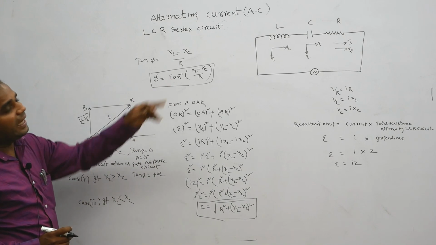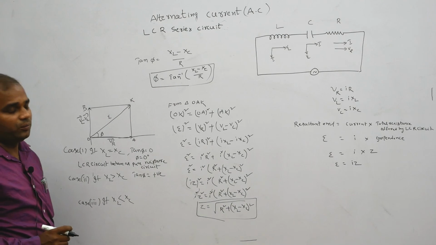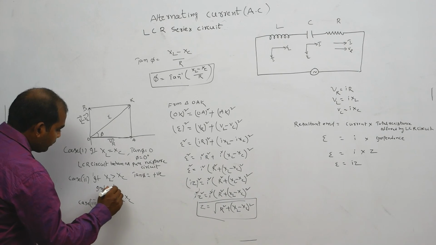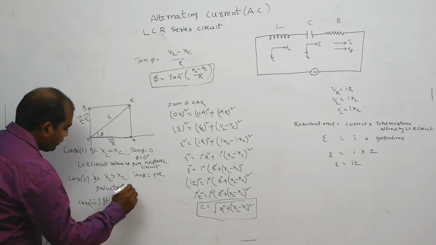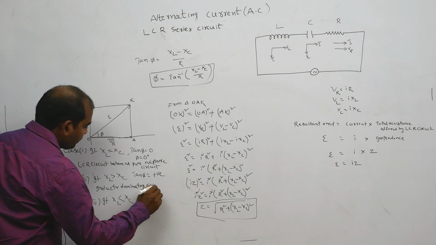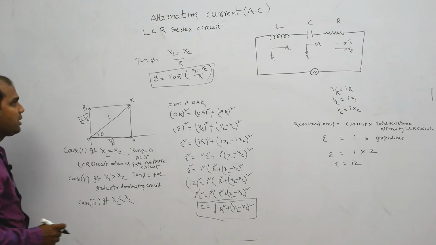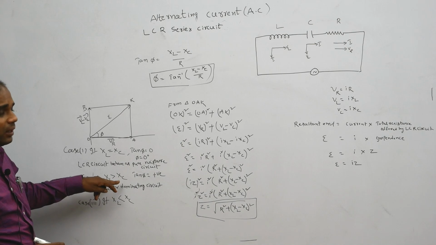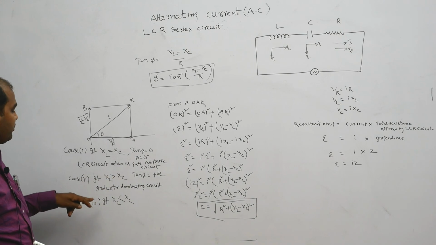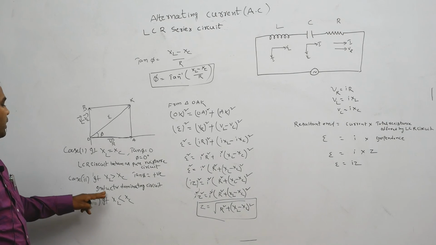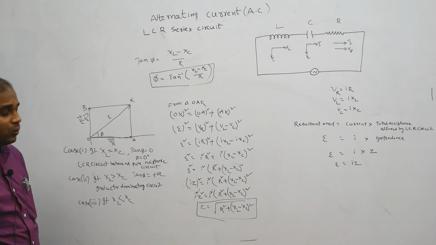It behaves as an inductor dominating circuit. So even if it is an LCR circuit, if XL is greater than XC, that means the inductive reactance is greater than the capacitive reactance, then this LCR circuit behaves as an inductor dominating circuit.